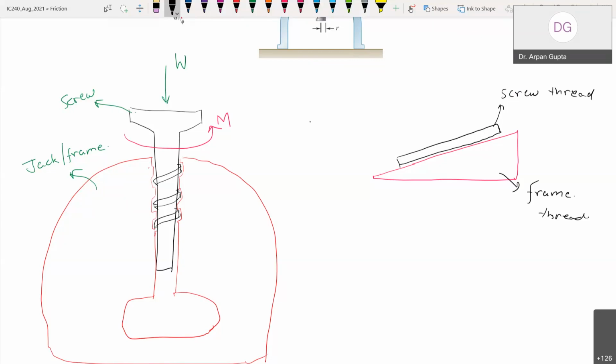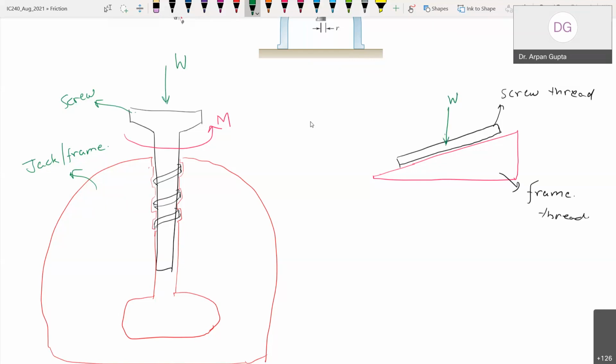So now this heavy weight W is acting on these threads. These threads are going to carry this weight W. Now we are applying a moment M, and that moment M is going to apply a horizontal force on the black thread.